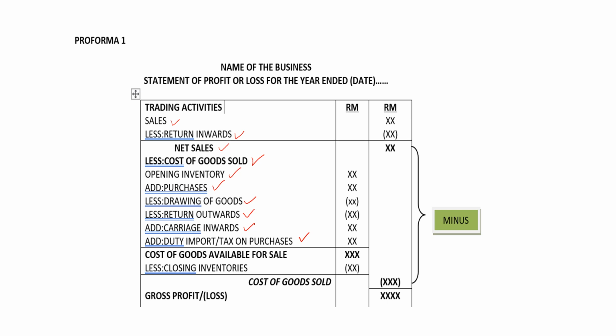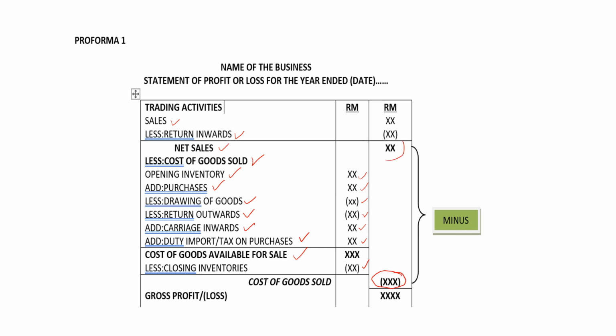So opening inventories plus purchases minus drawing of goods minus return outwards, add carriage inwards, and add duty on purchase or tax on purchase, you will get cost of goods available for sale. Cost of goods available for sale, you minus closing inventories, then you will get cost of goods sold, COGS.